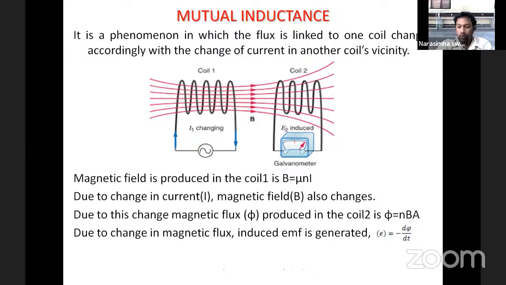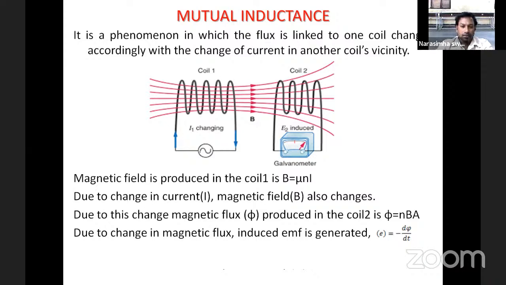So here we are considering two coils, but in self-inductance we consider only one coil, which itself exhibits two properties. Here we are taking two coils.